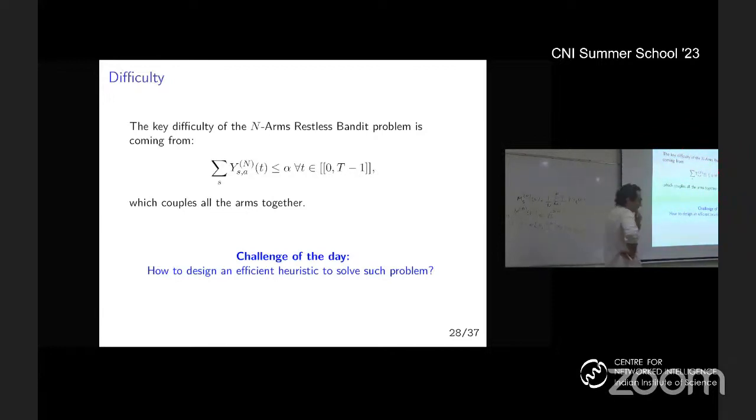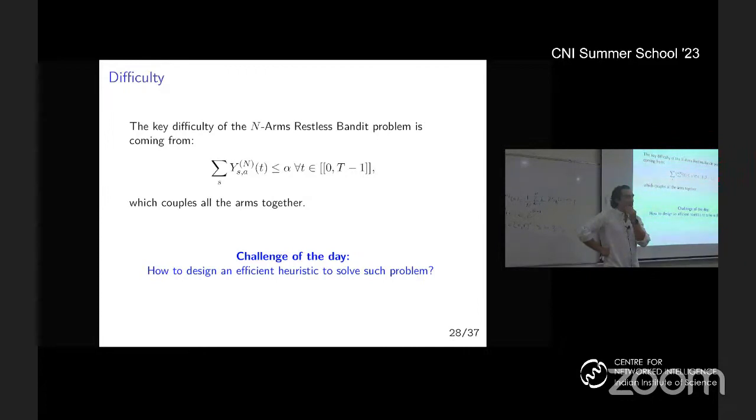Okay? Does someone have an idea? So when you do stochastic programming with stochastic constraints, what do you usually do? Nobody knows? Usually you relax the constraints, right?